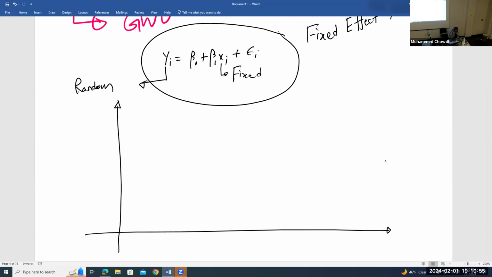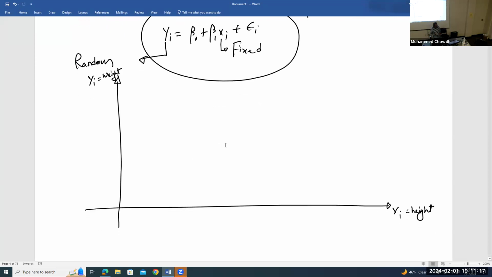I want to predict Y, which is weight, based on height xi.